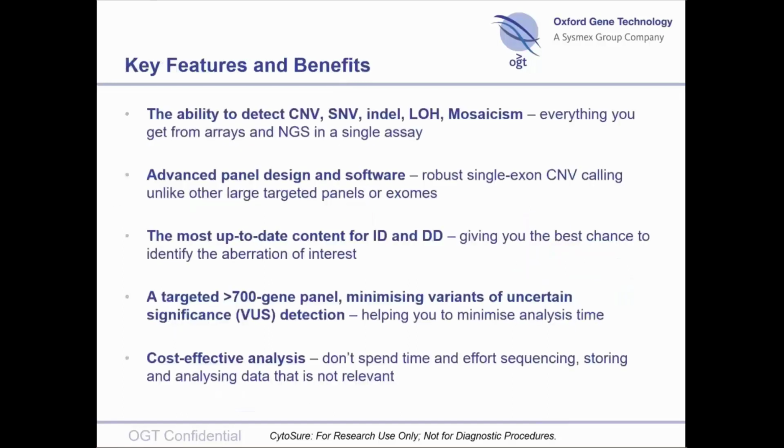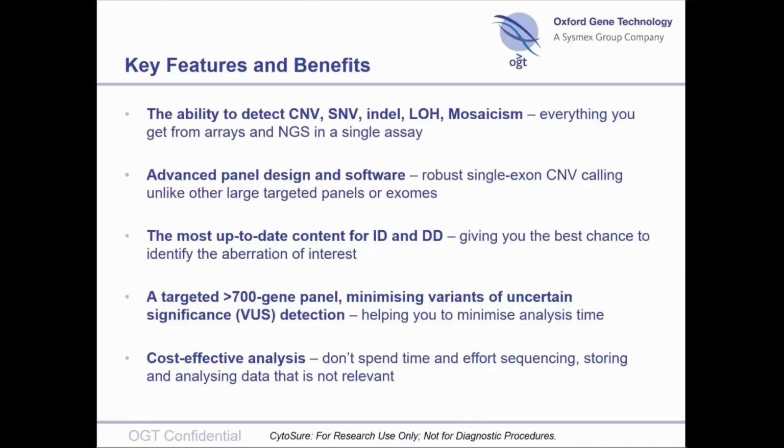The key benefits of CytoSure NGS as a tool to investigate IDD samples is the fact that you can get that CNV, SNV, indel, LOH, and mosaicism analysis all in one tool, and all very much dedicated to looking at IDDD-specific genes. So everything you get from arrays and NGS in a single robust assay. We have that advanced panel design and the software to go with that.